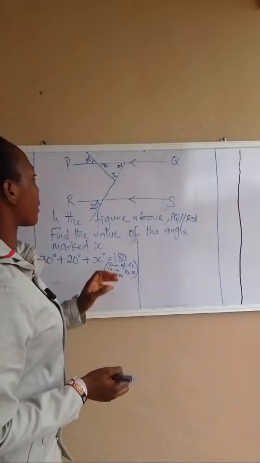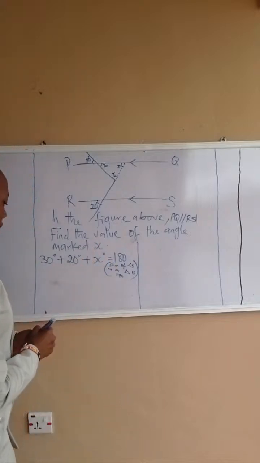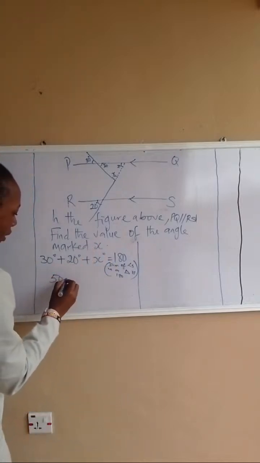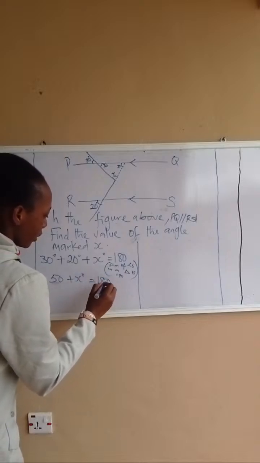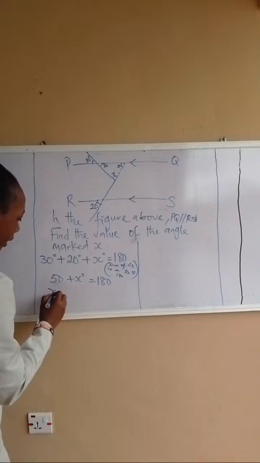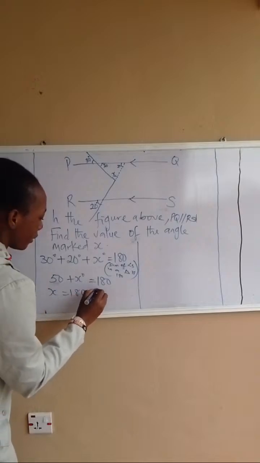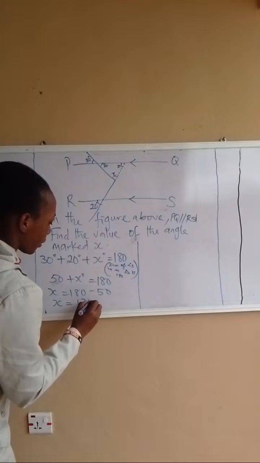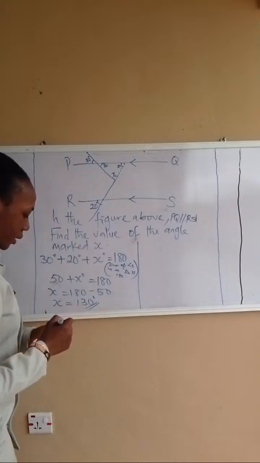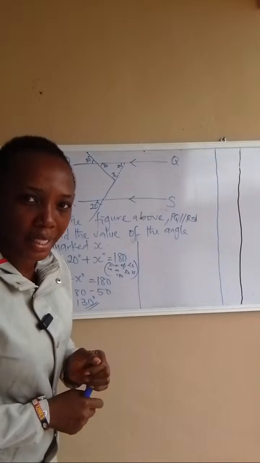So what do we do next? We add up these angles to give us 50 plus x equals 180. We collect like terms, we have x equals 180 minus 50. And when we subtract, we have our x to be 130. Can you see how easy it is?